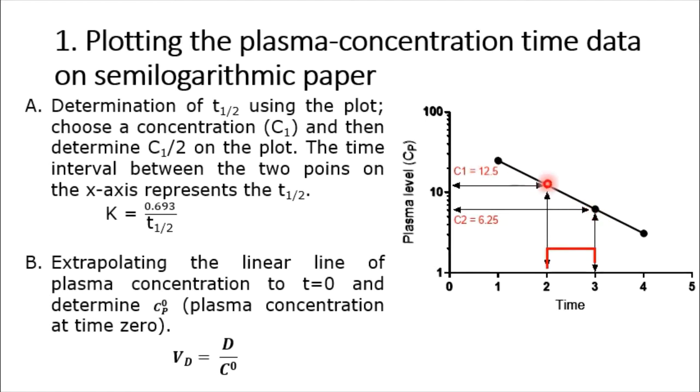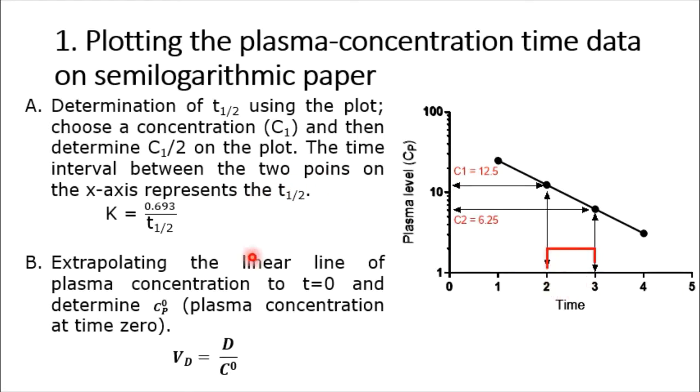This point should fall on the straight line that we drew from the two initial points, and then we reflect this concentration to the time axis, and we calculate the interval between the first point and half of the first point. In this case, the time interval is 1 hour, which means that this drug takes 1 hour to decrease by half, which is the definition of half-life of a drug. So the half-life, as calculated from this figure, is 1 hour.